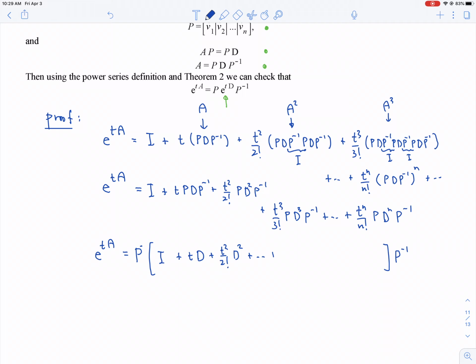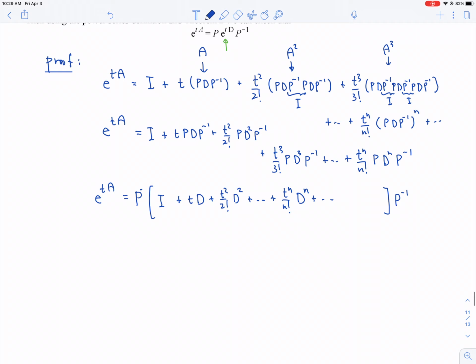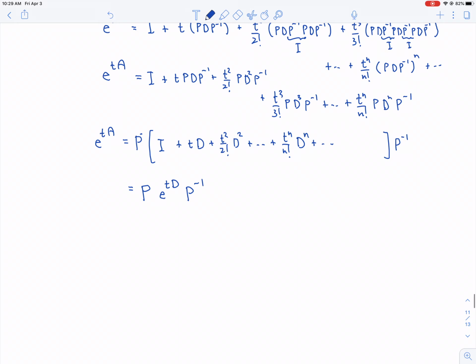On the nth term, all that will be left will be a t to the n over n factorial diagonal matrix to the n. And the stuff inside the brackets is just e to the tD, which is the nice matrix of the exponentials of the lambda j t.